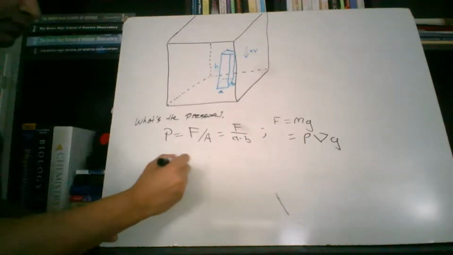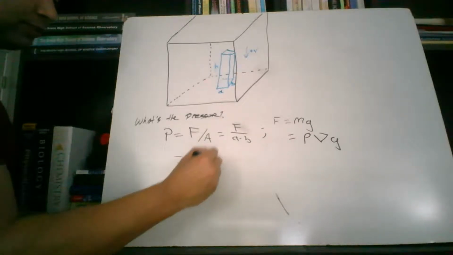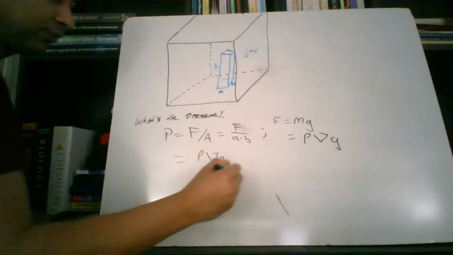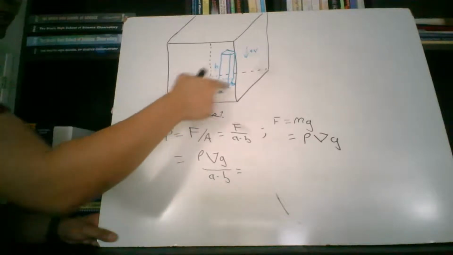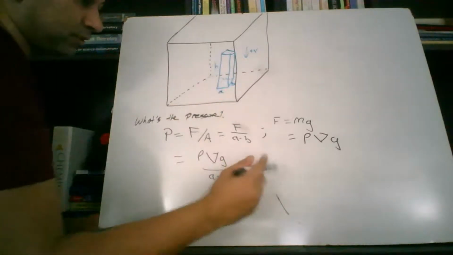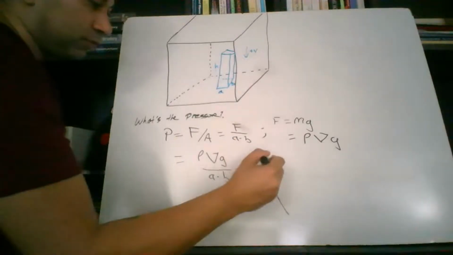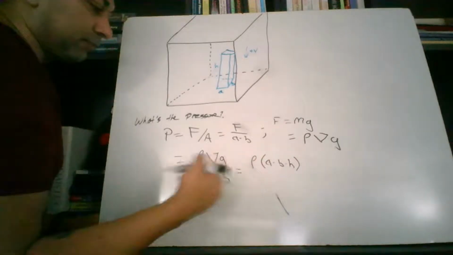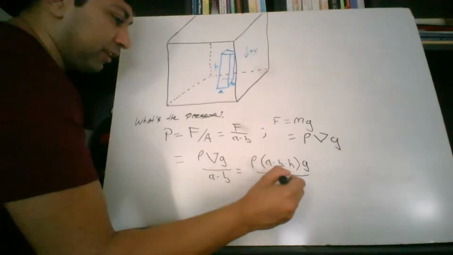And the volume of this object is A times B times H. So pressure equals density times A times B times H times g, all divided by AB.